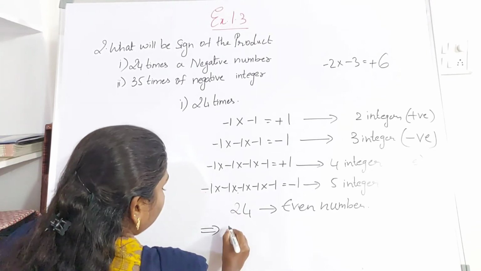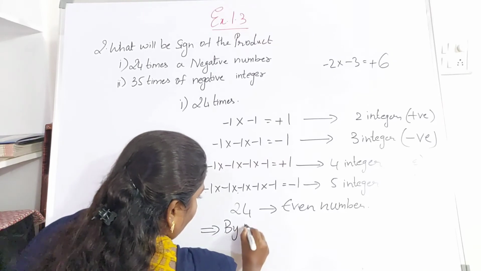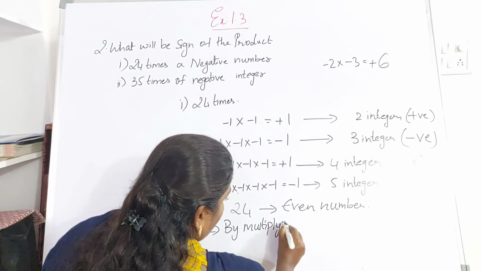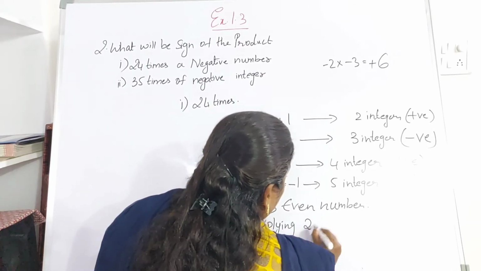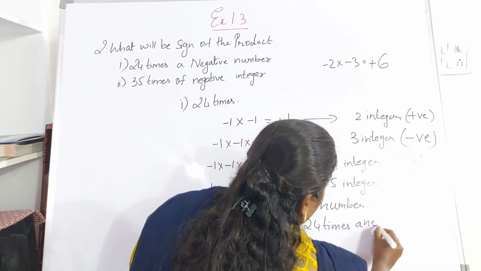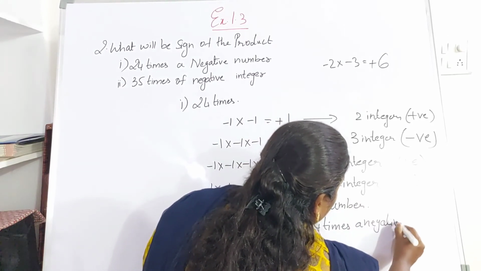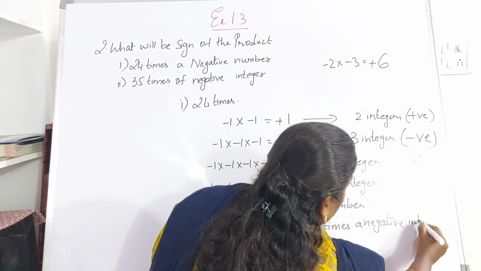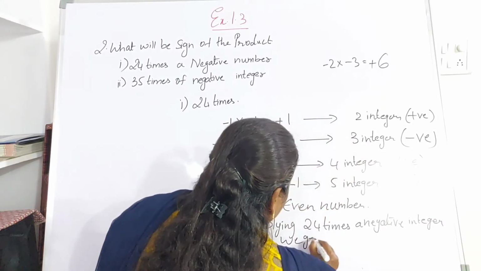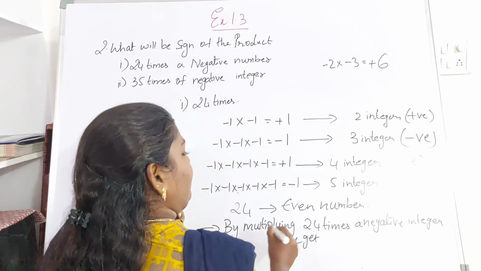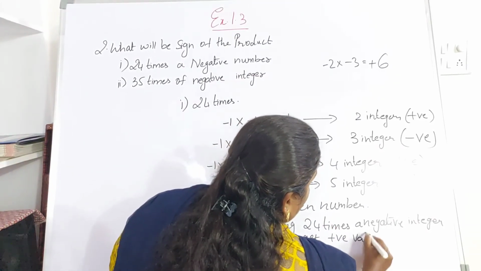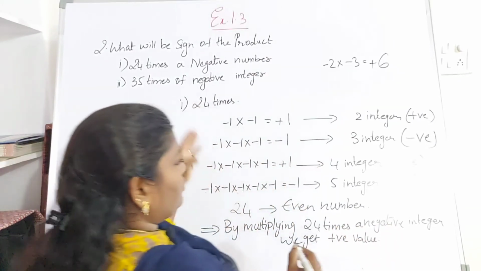So by multiplying 24 times a negative integer, we get a positive value. Yes, hope you have understood.